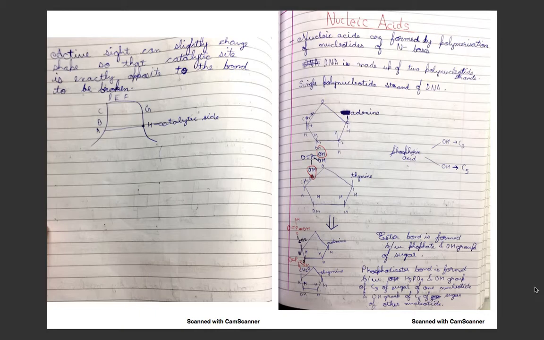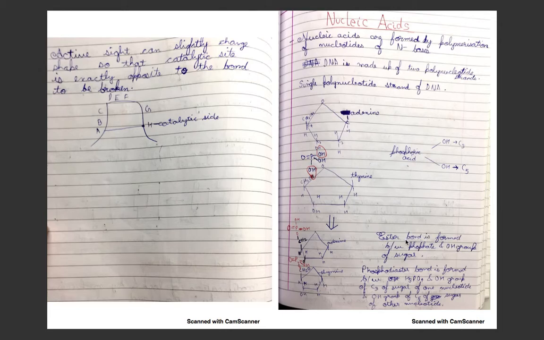A single nucleotide of DNA has three components: a phosphate ion, then a sugar, which forms the backbone of the strand, and then a nitrogenous base. Adenine and thymine in DNA, and in RNA, uracil instead of thymine, and guanine.